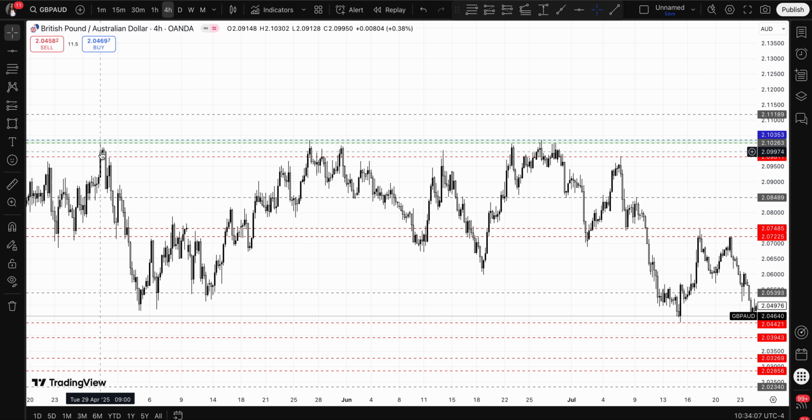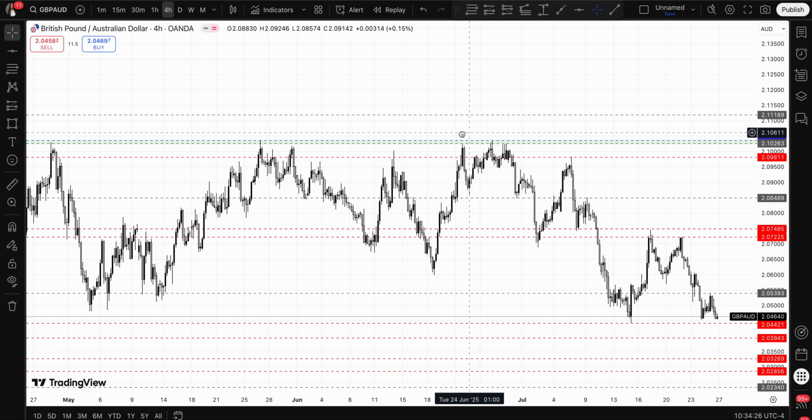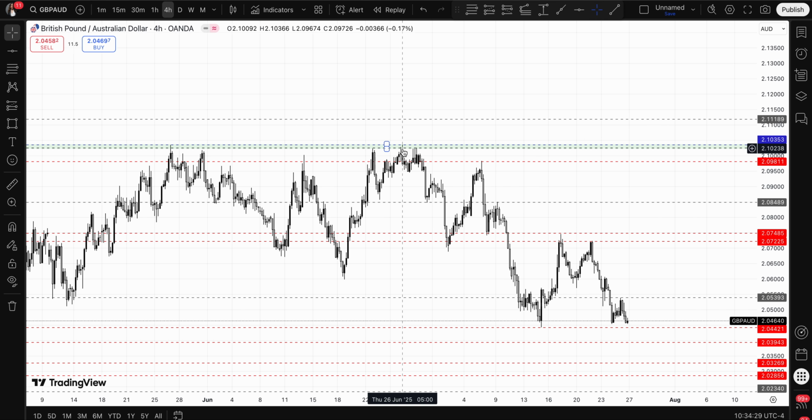So if we hover over this and we look at the top of the screen, the high is 2.10302. That's what this candle is. The next one is 2.10356. So this is definitely higher than this. But let me go to my next high. Our high here is 2.10366.